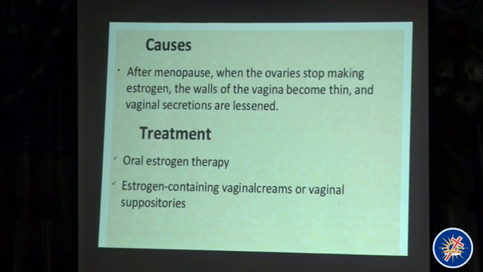In other words, replacing what they are missing in their bodies. Because they are missing estrogen, if you give them estrogen, then they become okay. Then estrogen containing vaginal creams or vaginal suppositories. Those are drugs they insert inside, and they help in relieving this problem.